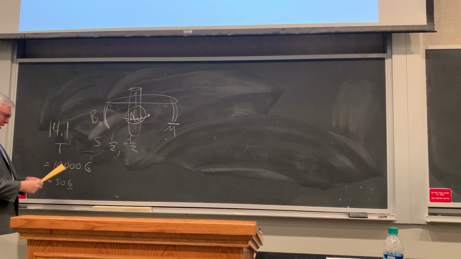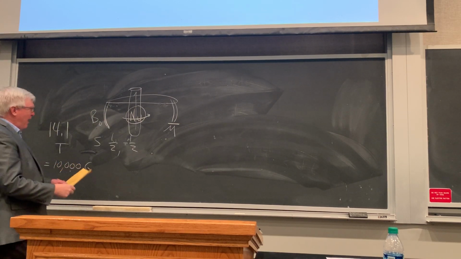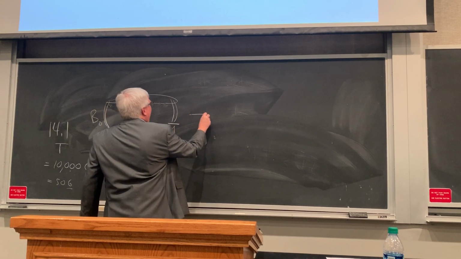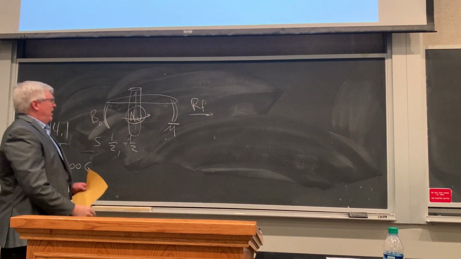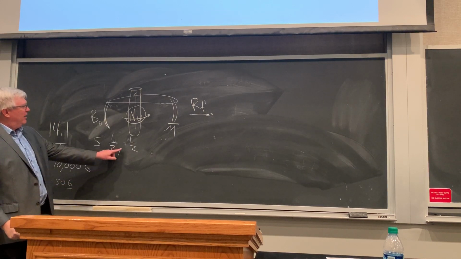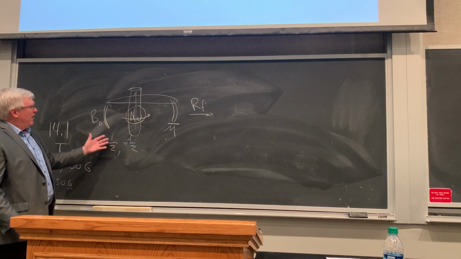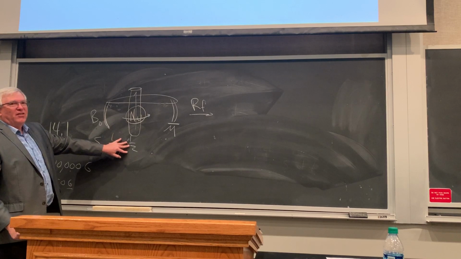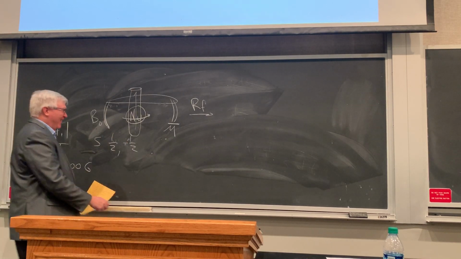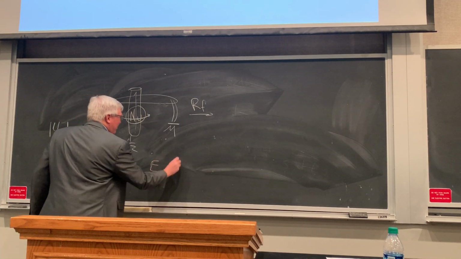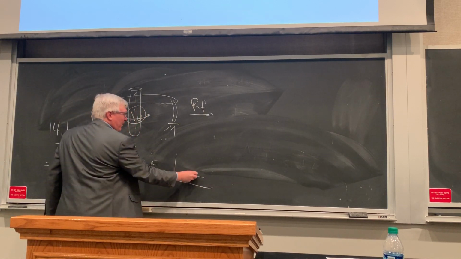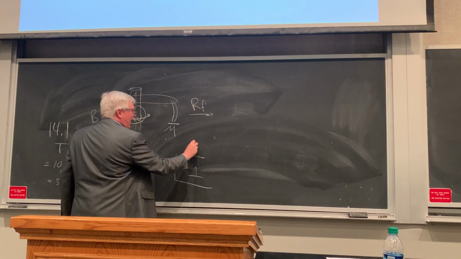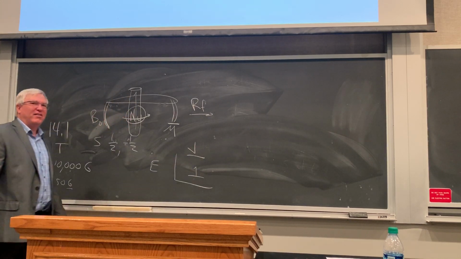I'll show you a schematic of the actual spectrometer. What happens here is we apply an RF pulse, a radio frequency pulse, and this corresponds to changing the spin states of the nuclei from aligned with the magnet to not aligned with the magnet. Okay, so it's back to the same spectroscopy idea, where we have a ground state for the spins, and then a state up here where the spins are not aligned the same way.